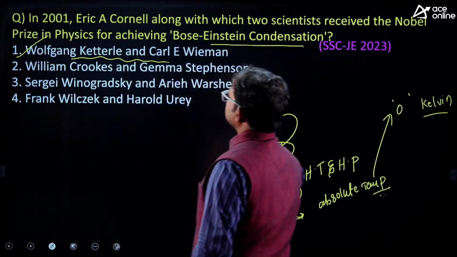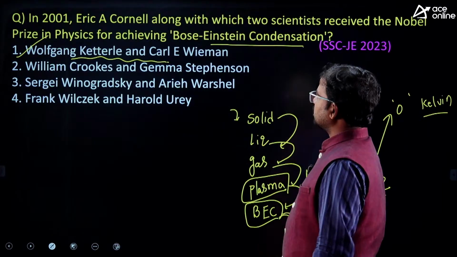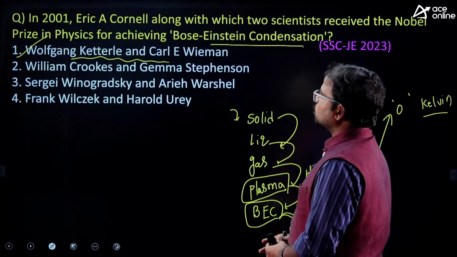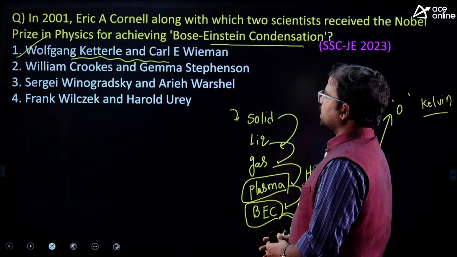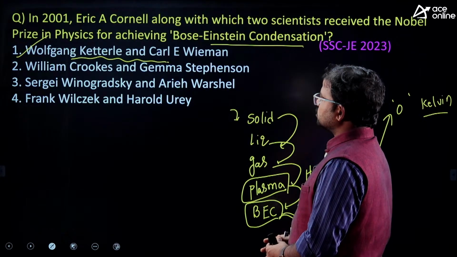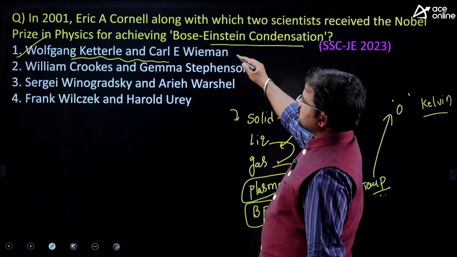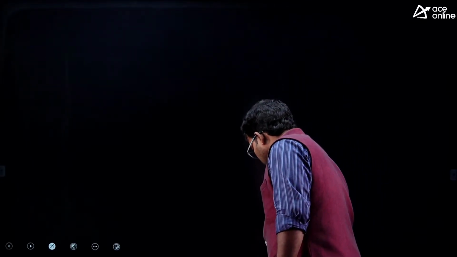So Kettle at the same time Carl E. Wieman. These two Nobel laureates received the Nobel Prize along with Eric A. Cornell for the invention of Bose-Einstein condensate. So here the correct one is option 1 only.